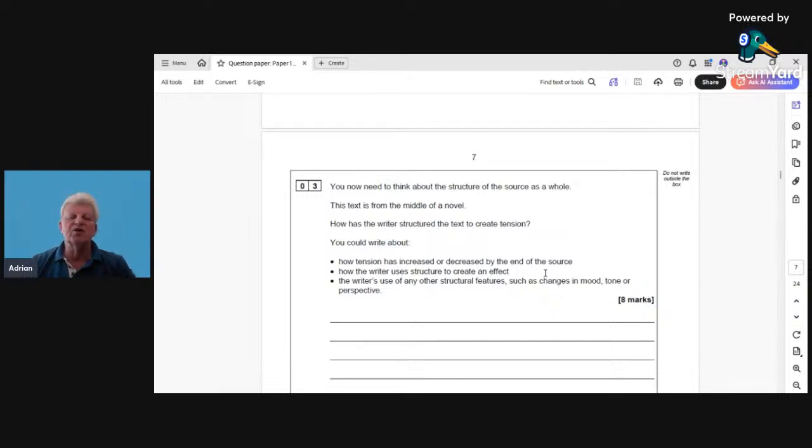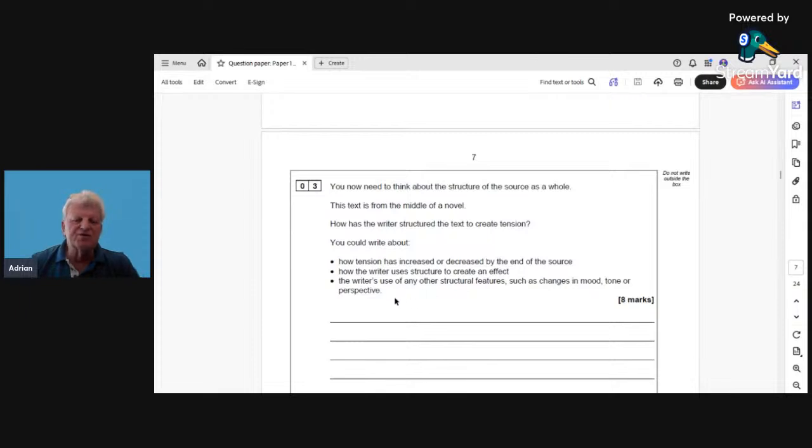It doesn't mean you can't use a quotation, but the way you explain the quotation is not by picking out individual words and then analyzing the meaning and the impact. It is basically talking about it in general terms. So if tension is created by the sound of the hyena, then that would be a structural feature. And that's the way we would look at it.